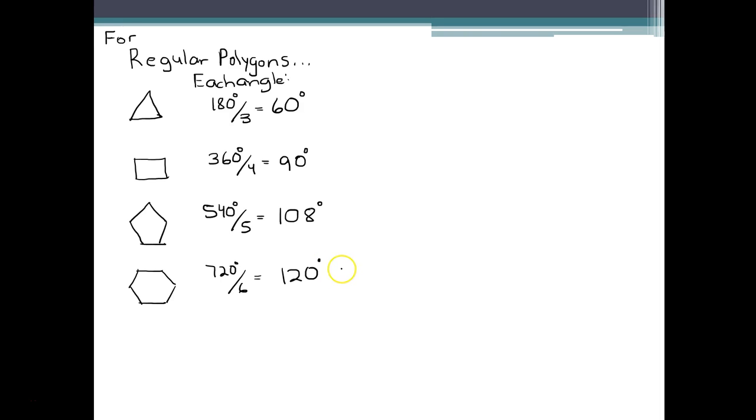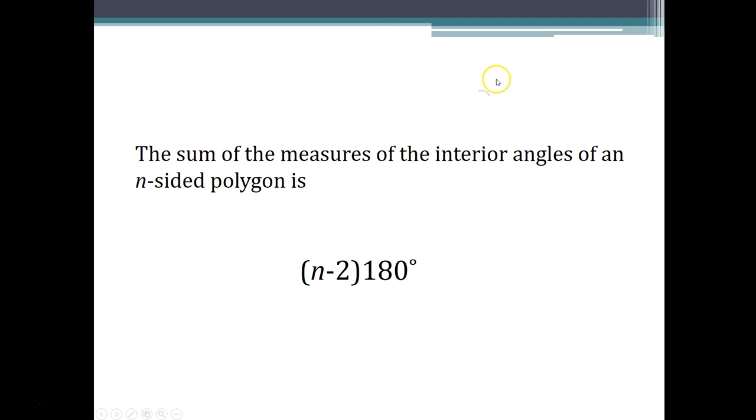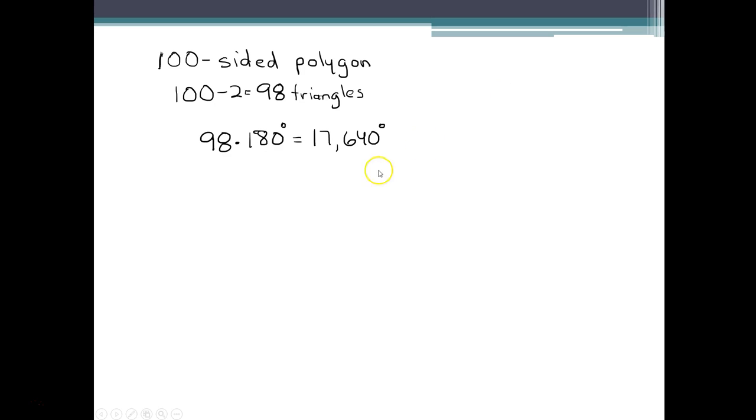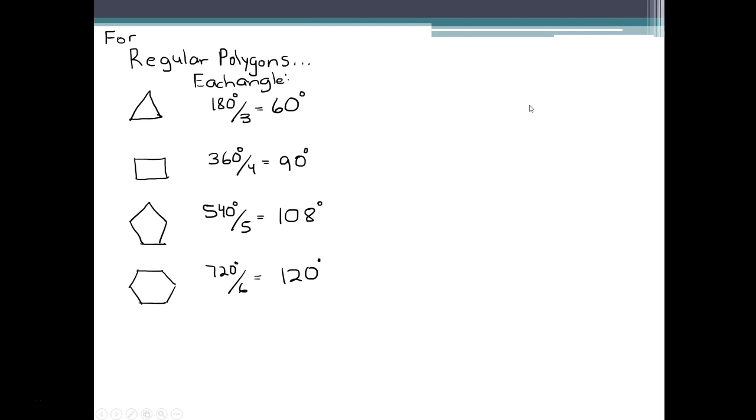But you know, there is a limit. The measure of the angle can never reach or go past a certain number. I'm wondering if you might know what that is. Let's go back to our 100-sided figure. The 100-sided figure had 17,640 degrees total, right?